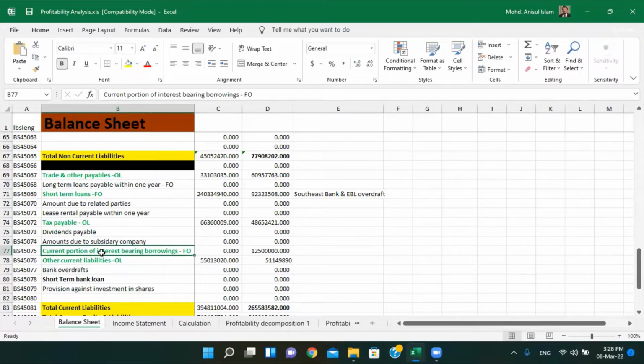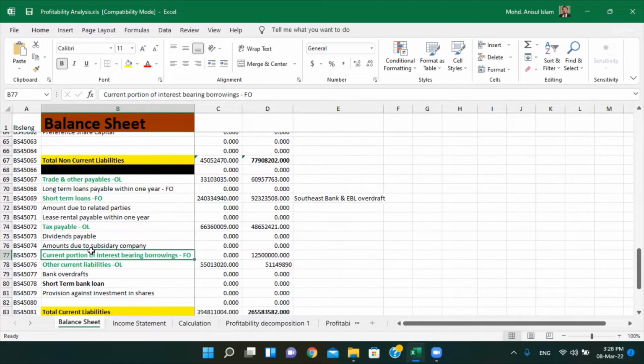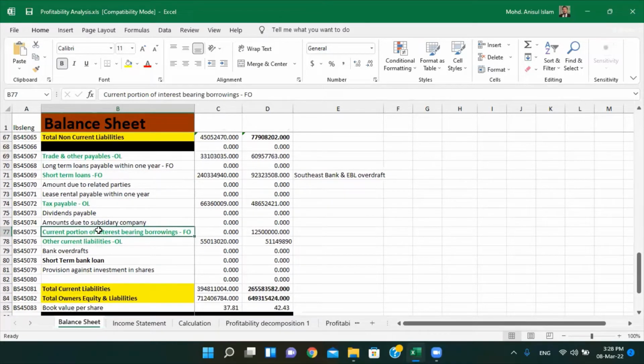So that's why it has been separated from the total amount, and it has been reported as the current portion. But actually, this is a portion of the long-term loan taken by this Bangladesh Lamps company from the Eastern Bank. Okay, so these are the ways that we can distinguish the operating and financial items on the balance sheet.